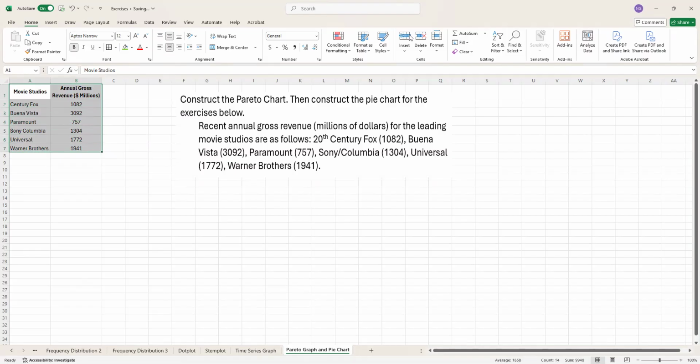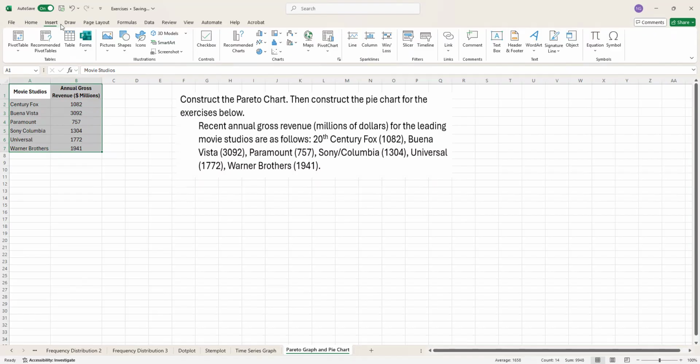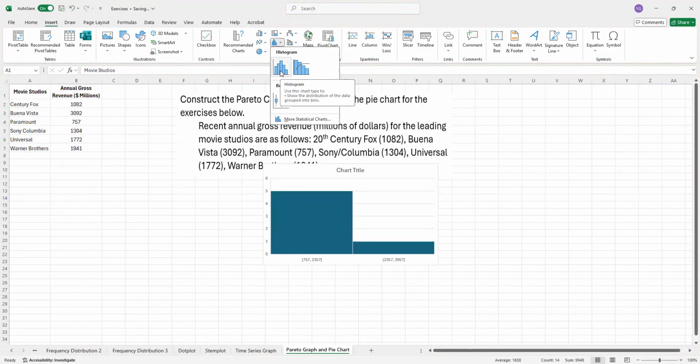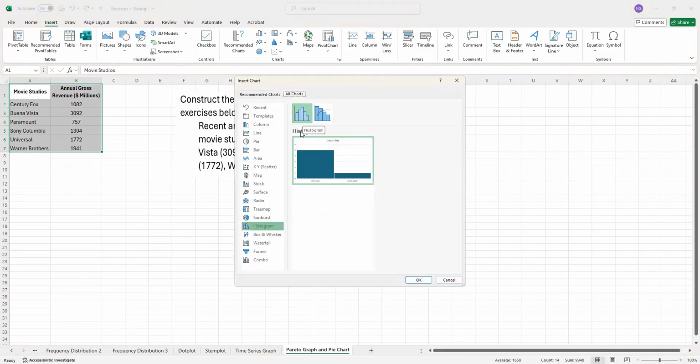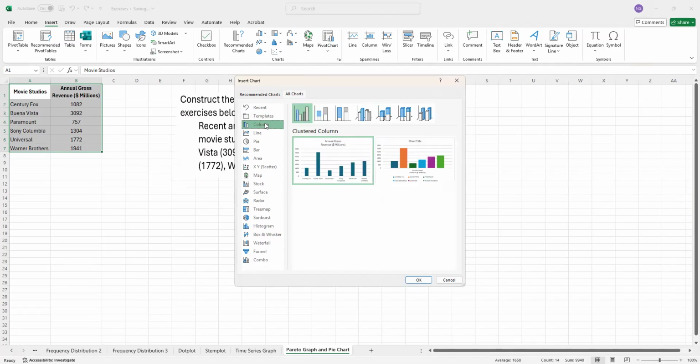Remember, I must do it this way. When I select this data, I need to go to Insert and Graph. As you see from those graphs right here, I can choose either one to display the data. Let's do the columns.